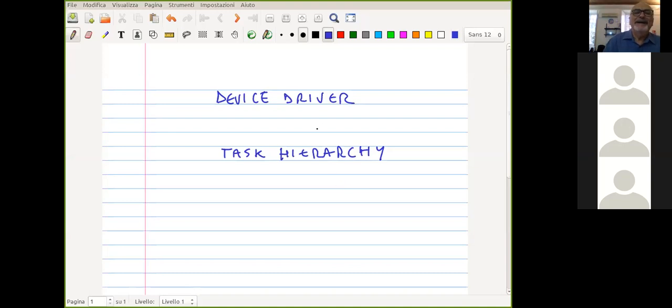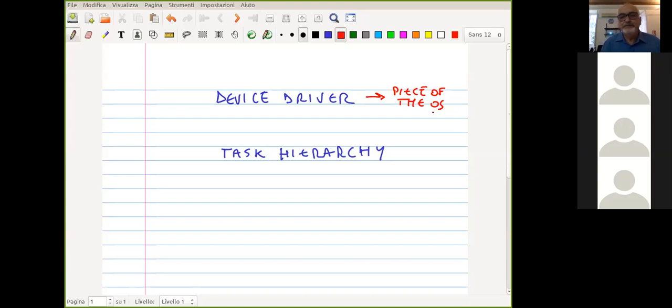Well, device driver. The simplest definition is a piece of the operating system, a low-level piece. Usually it is a piece of code, very short, to manage the hardware directly, and that's the traditional definition.